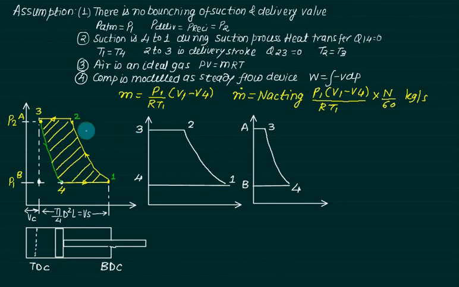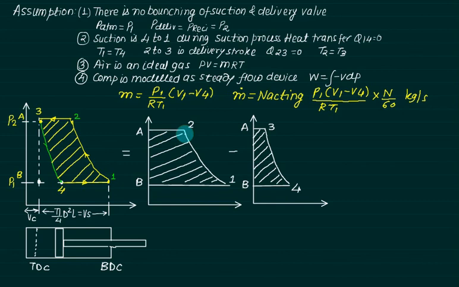In the second figure, I want to calculate the area 1, 2, 3, 4, that is the required work, or theoretical work. I can find that area by considering 1, 2, A, B, that is this area, and B, 4. What we observe here is that at the end of the delivery stroke, we don't have volume. It means that the TDC will lie at this point and the BDC at this point.